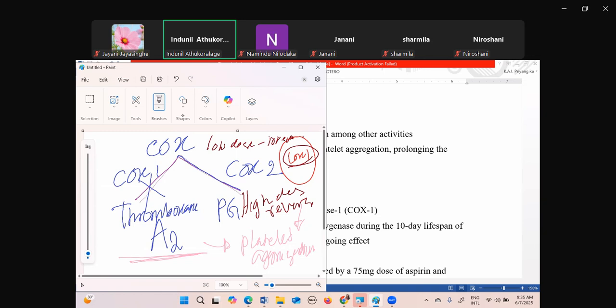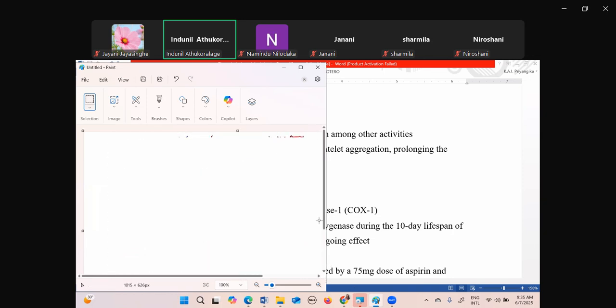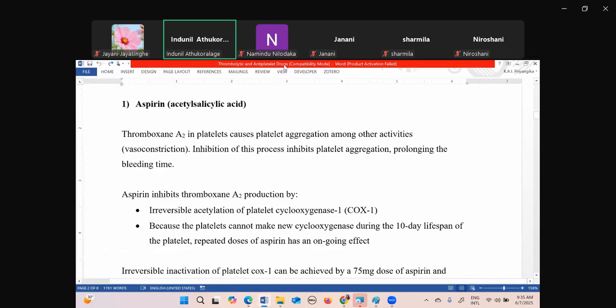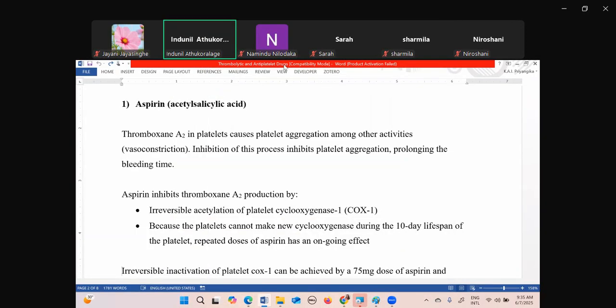So is that clear? Is that clear to you? Why we need to use a low dose? Yes, miss. Okay. Others? Niroshini? Or can someone explain to me why we should use a low dose of aspirin for antiplatelet activity? Niroshini?